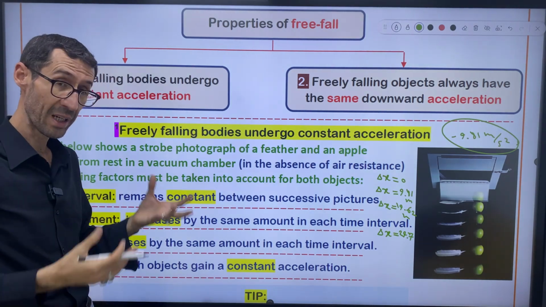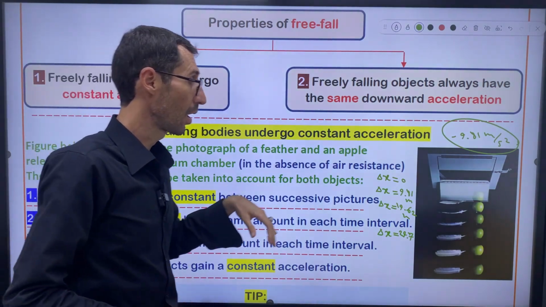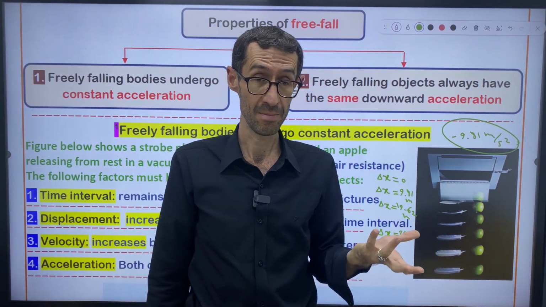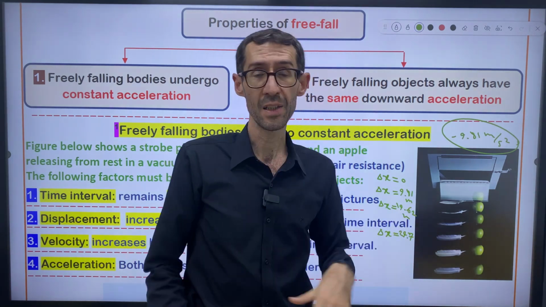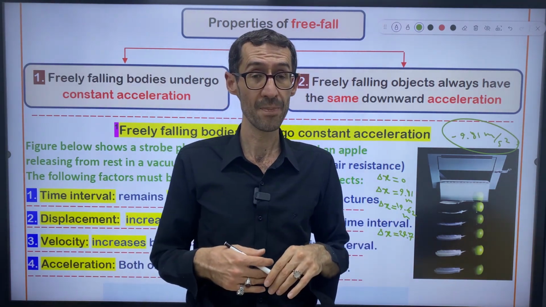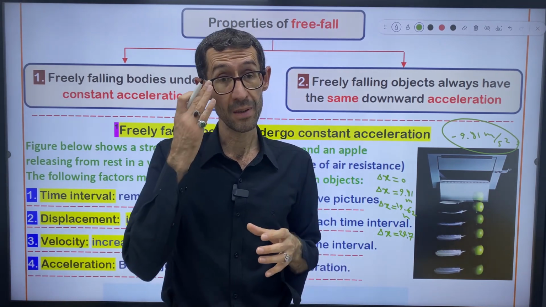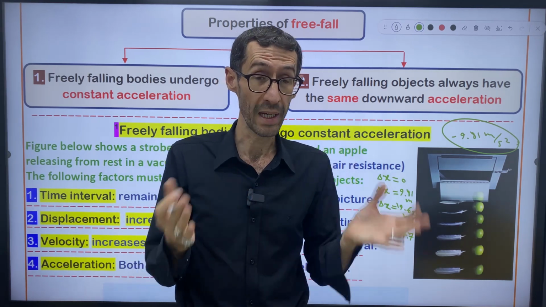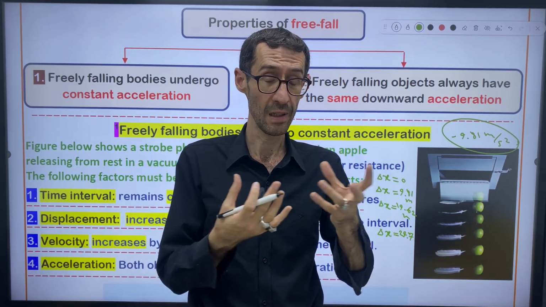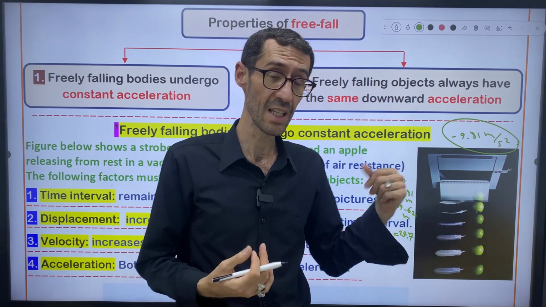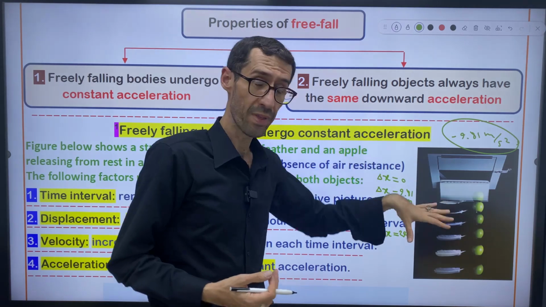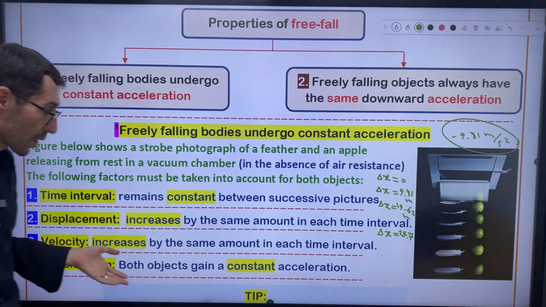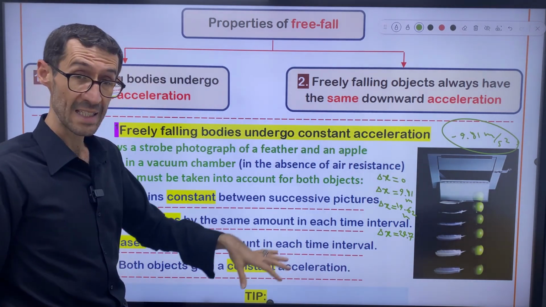So both objects pick up the same acceleration while they have different masses, because here we neglected resistance in the vacuum chamber. In a vacuum chamber, there is no air. Air is evacuated from the vacuum chamber. That's why both objects land on Earth simultaneously. So these are the consequences of this experiment.